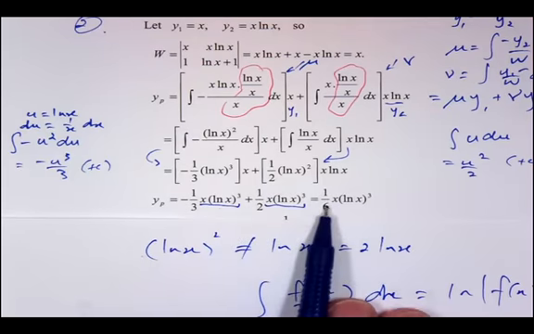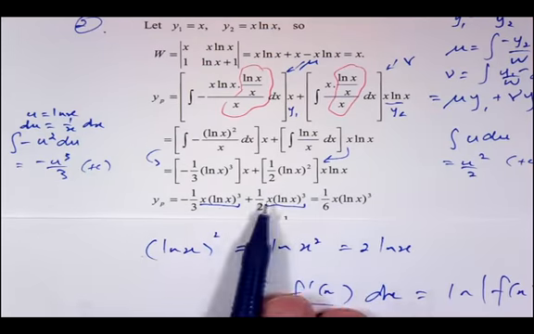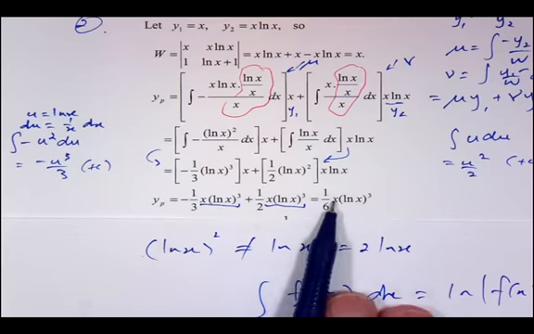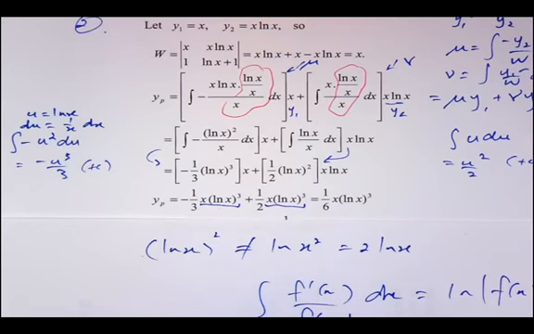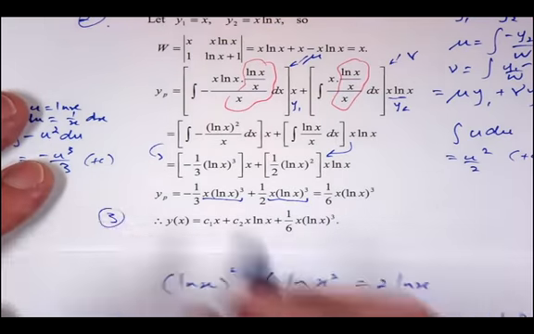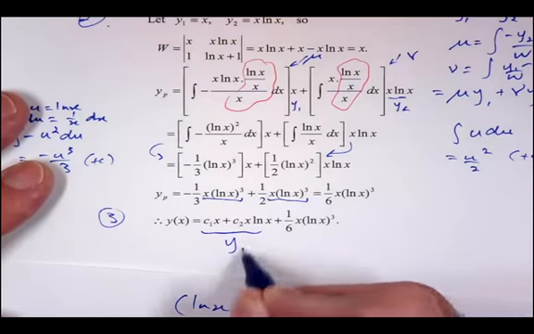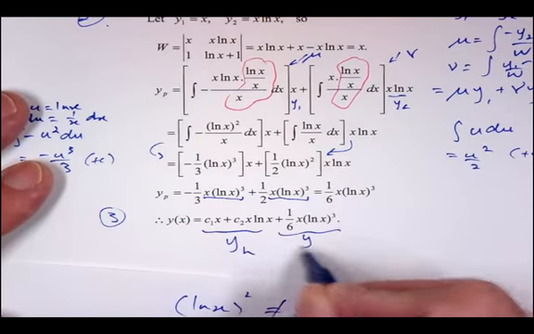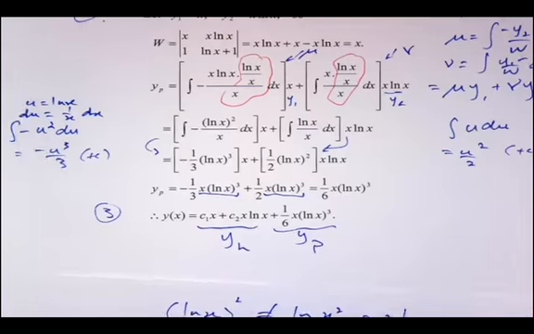So you have to be able to do that arithmetic correctly. A half minus a third is a sixth. And that's what we have there. And the third step then is to put that together with the homogeneous solution to build the general solution.